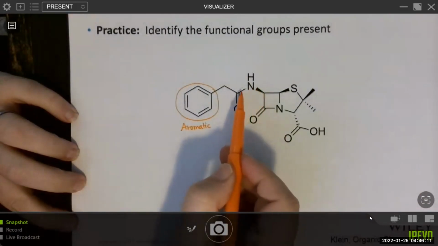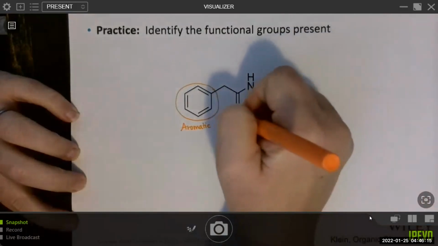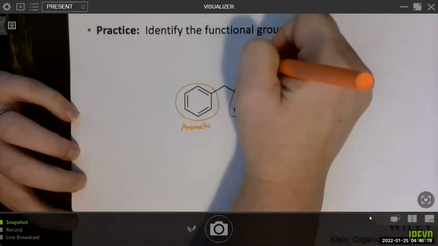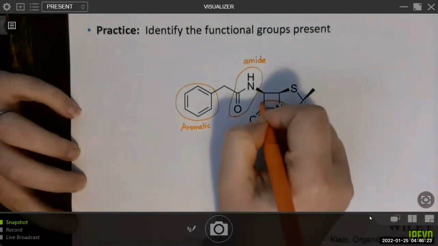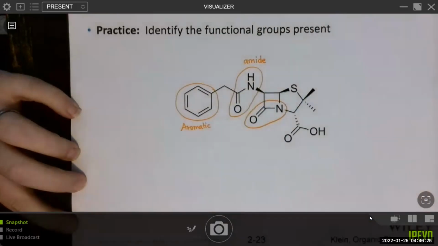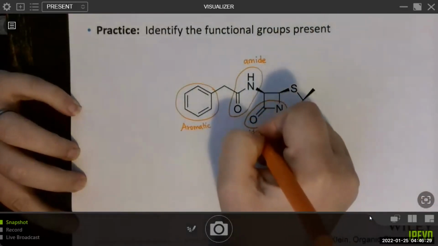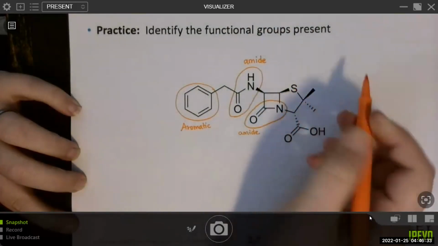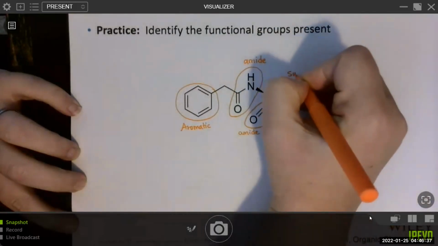Or remember, with the CO double bond right next to the nitrogen, the whole thing becomes an amide. And actually, this is another amide. Maybe you recognize that as well. The sulfur, because it's attached to carbon on both sides, is a sulfide.